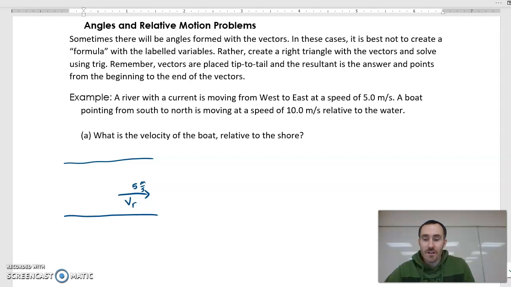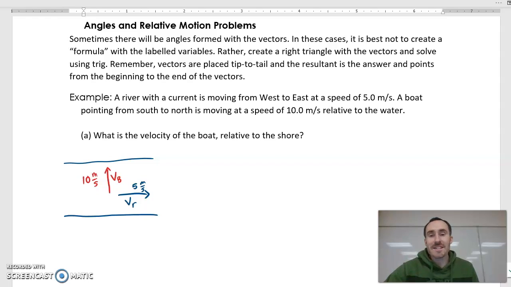So on the river, our boat velocity is 10 meters per second. And since that's relative to the water, we also have to take into account the river's velocity. So this would be, we'll call it VB, the velocity of the boat. I don't know why the river's velocity is a lowercase r. We're going to go with it.